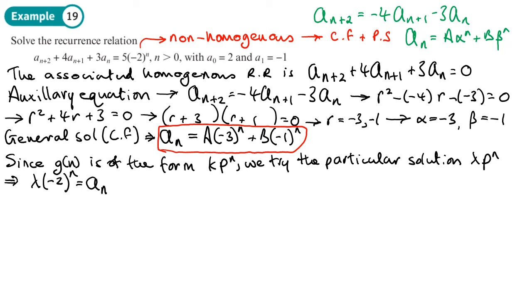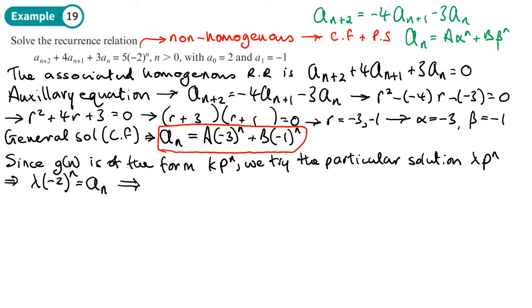So this is what we are now going to substitute into the original recurrence relation. If a_n equals this, a_(n+2) will just be the same thing but with n plus 2, and a_(n+1) will be the same thing but with n plus 1.